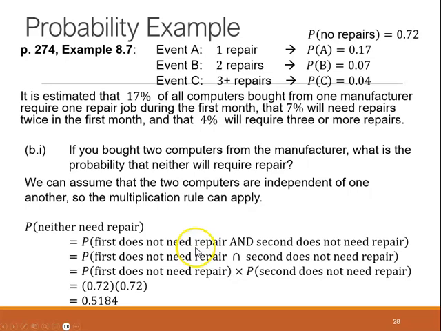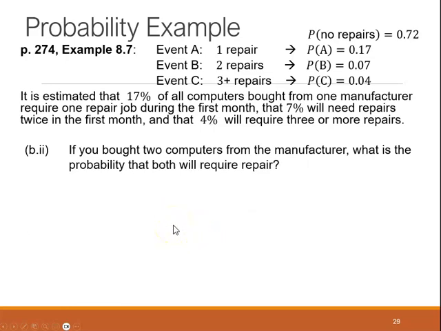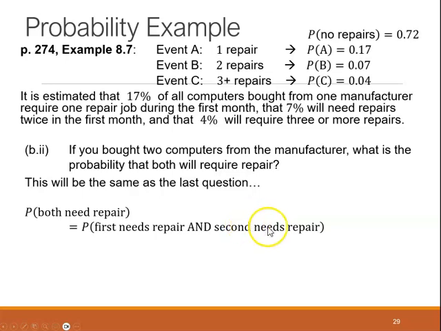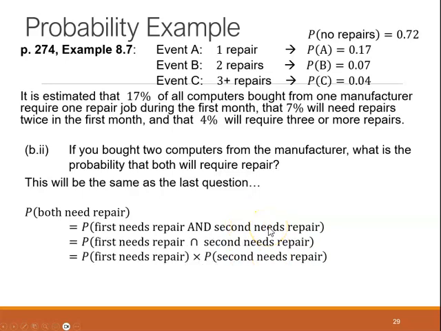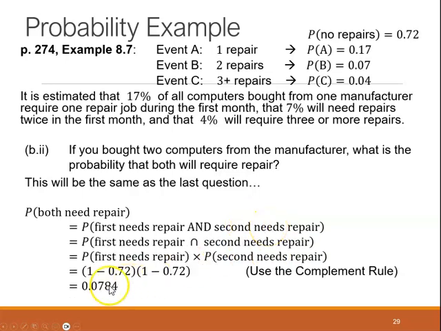So far? Yeah? Okay. Probability that both will require repair. Same idea, right? Probability some repair and some repair. Yep, or I did 1 minus times 1 minus, but yeah, you get the same result either way.